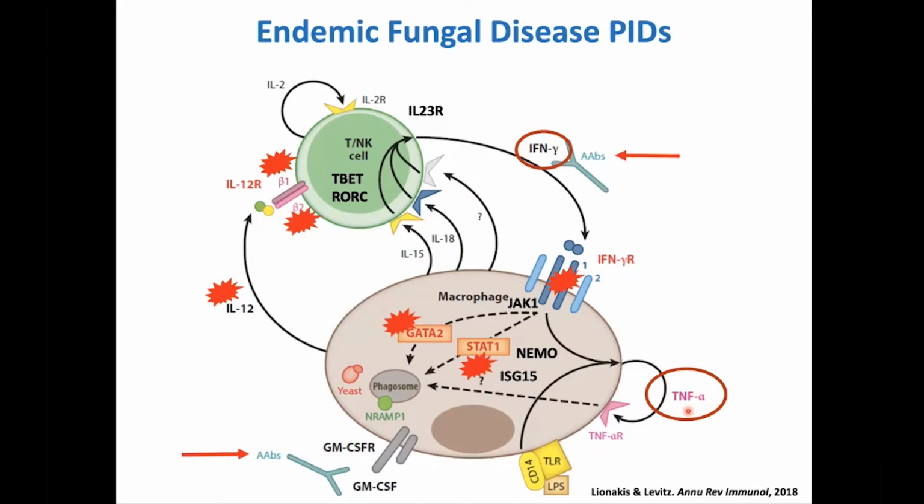And besides the autoantibodies to interferon gamma that I briefly alluded to, there are also autoantibodies against GM-CSF that appear to particularly predispose against Cryptococcus, which is not a dimorphic fungus like histo, but it is an intramacrophage yeast, and we'll get back to that later on.